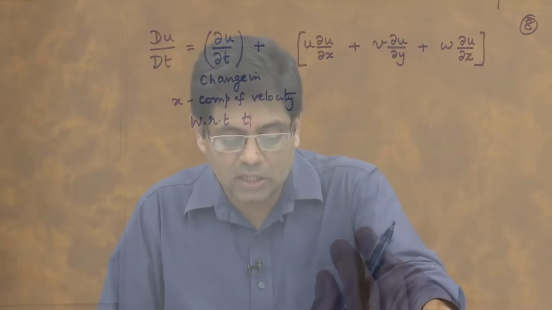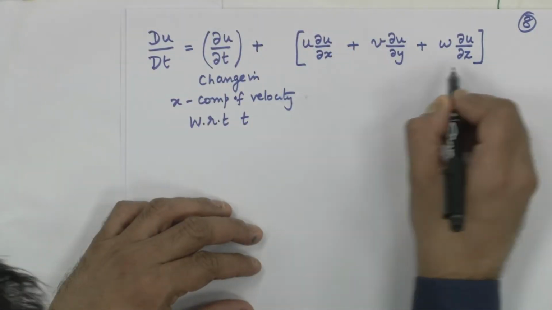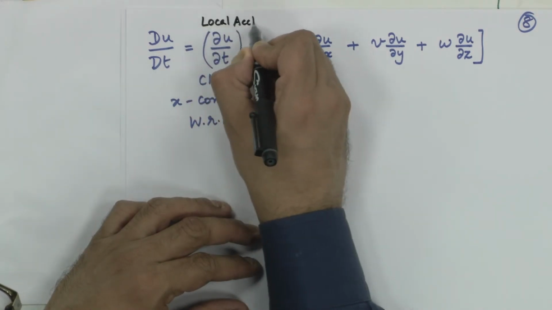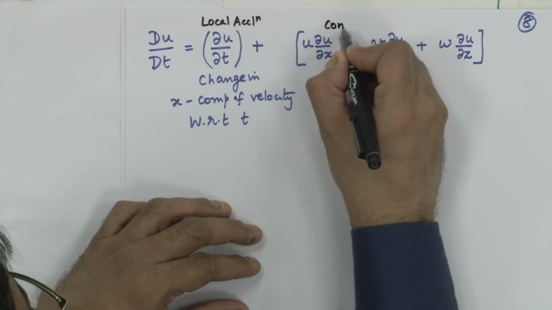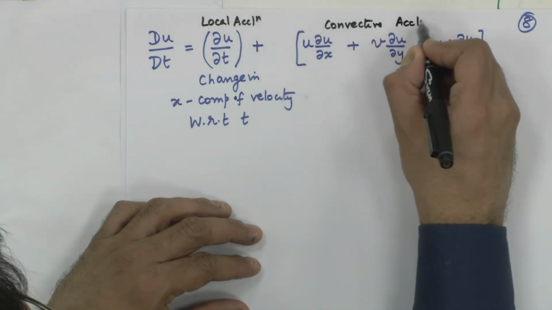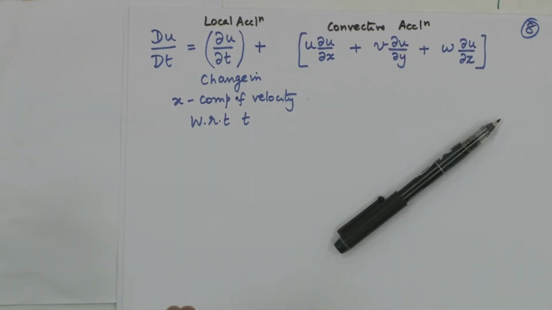This is unique to fluid mechanics, this bracketed term. This is called the local acceleration. This is called the convective acceleration.